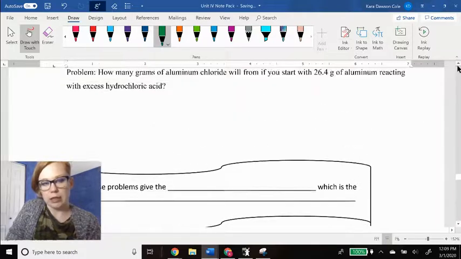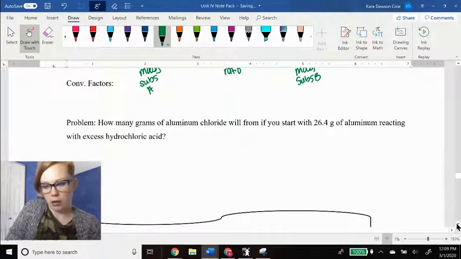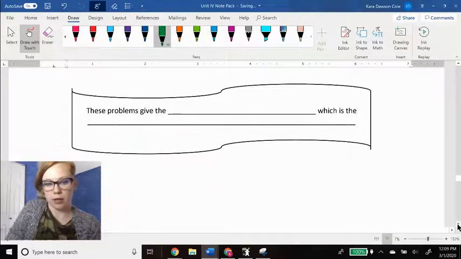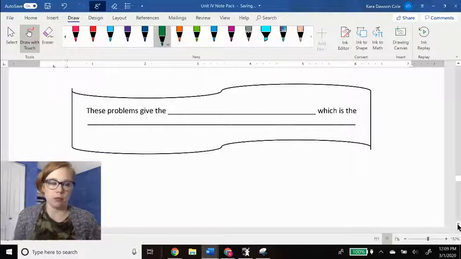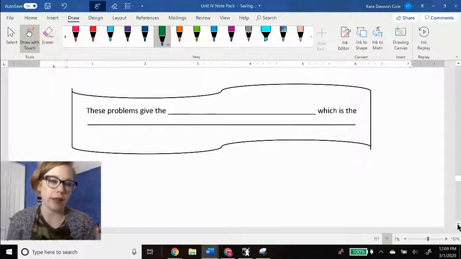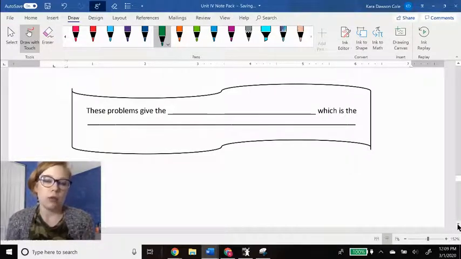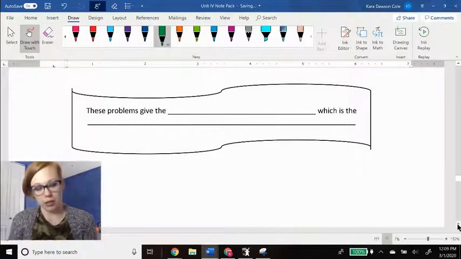The last thing I need to talk about is this little box right here. If I've got mass to mass stoichiometry problems, and I'm going from mass of a reactant to mass of a product, these problems give the theoretical yield for the product, which is the amount of the product that we should get out of the reaction using the mass of that particular reactant.